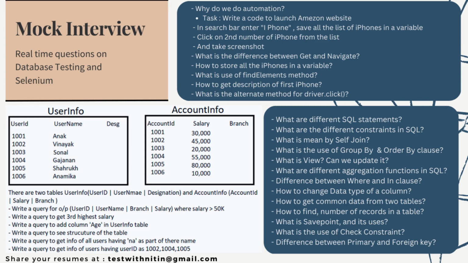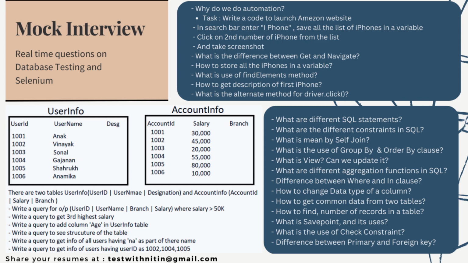Now I want the third highest salary. Yes, sir. Select minimum salary from a subquery. Select distinct salary from account info table order by salary descending, subquery completed, where row num is less than 4.